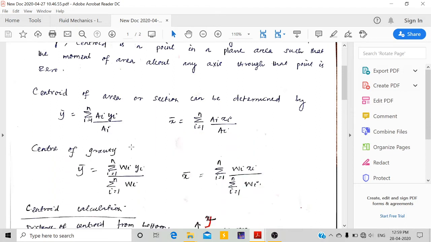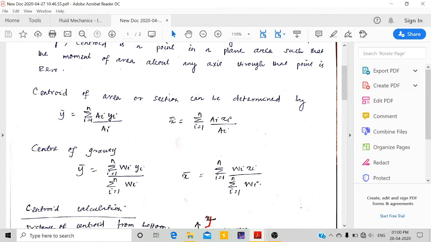If I am going to calculate about the global y-axis and global x-axis, then for centroid the formula is x bar equals the summation from i equal to 1 to n of ai xi divided by the summation of ai, where ai is the different areas of the section considering the composite section, and xi is the centroid of that particular area from our global y-axis.